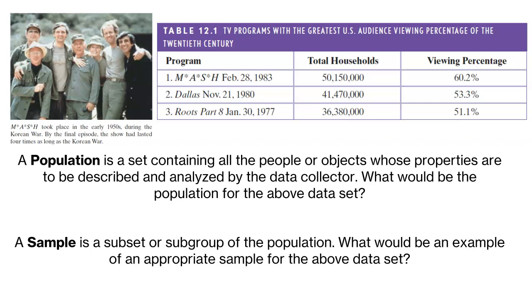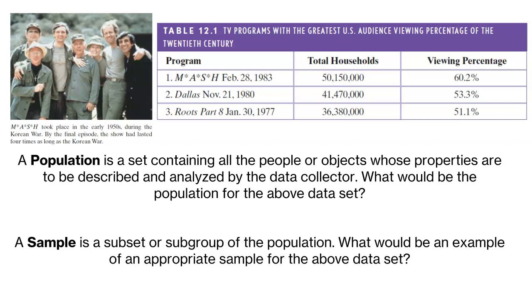Okay? When we look at a set of information, and we have a table here showing the most popular TV shows during the 20th century, all right, the ones that had the highest viewing percentage. So MASH, which was a show in the 80s, had 50 million households approximately that watched the show with a viewing percentage of 60.2%.